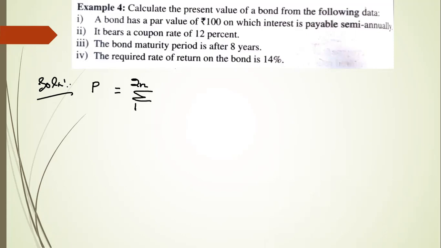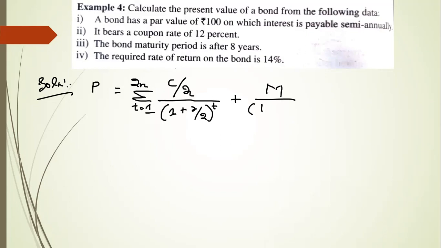So summation T is equal to 1 to 2n, C divided by 2, divided by 1 plus R divided by 2 to the power T. R divided by 2, the reason being again that it is semi-annually, plus M divided by 1 plus R divided by 2 bracket 2n.